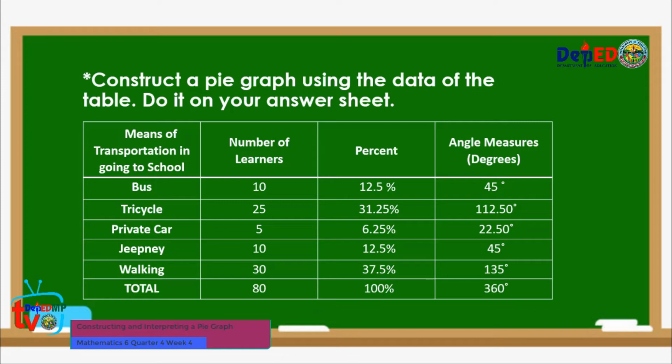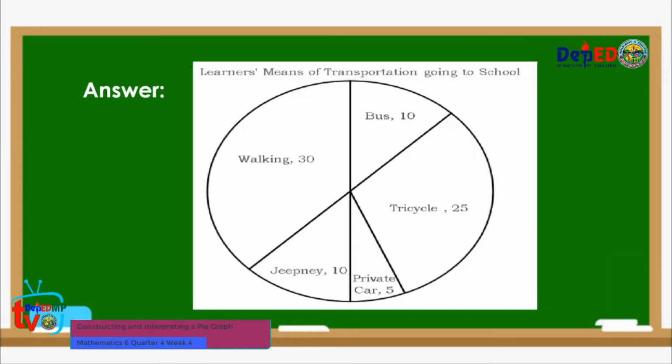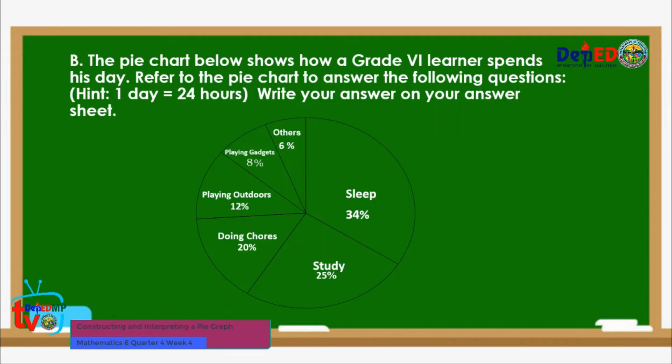Do it on your answer sheet. Again, you have 5 seconds to construct your pie graph. Time's up. So this is the pie graph. The title is Learners' Means of Transportation Going to School.